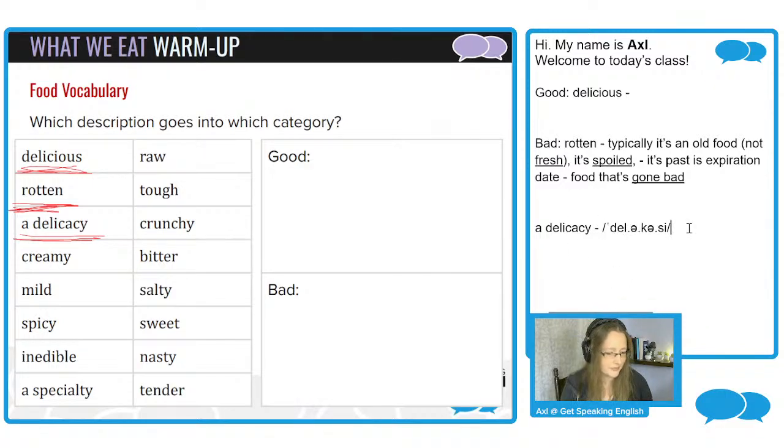There's a pronunciation. You know, sometimes a rare food, right? And something rare is something that's not common, right? Maybe hard to find, right? So potentially rare, and maybe also potentially really expensive as well.